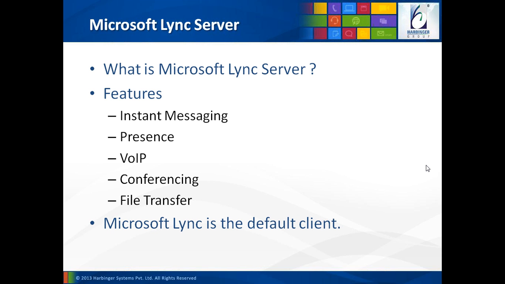Microsoft Lync Server provides an infrastructure for all these real-time collaboration services, so that we can use instant messaging, voice over IP, conferencing, resource sharing, presence information publishing, etc. These are all real-time services or features which Microsoft Lync Server exposes.